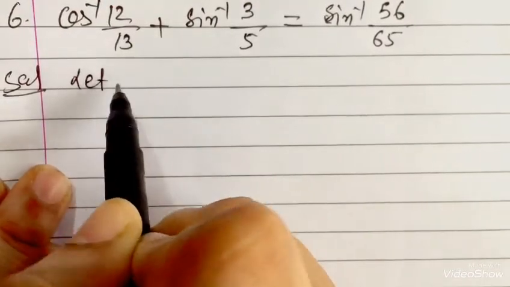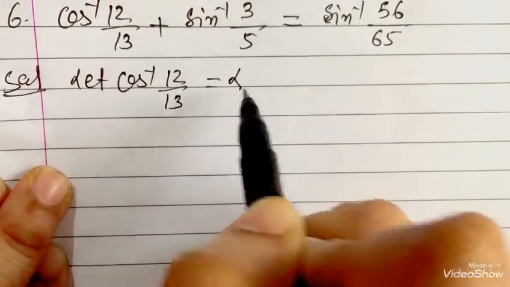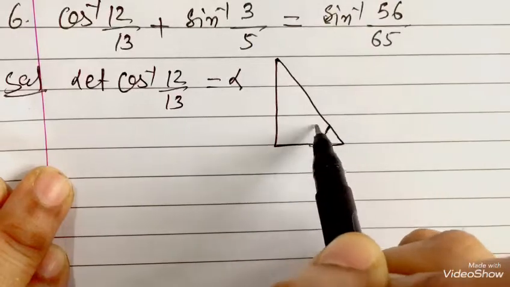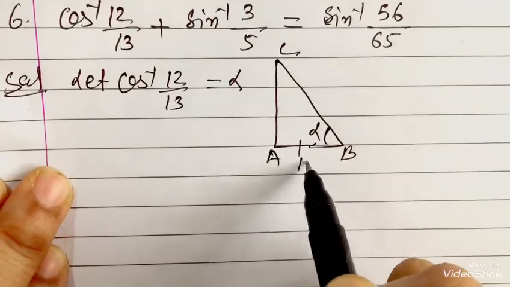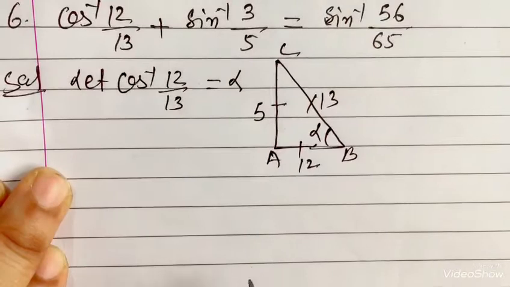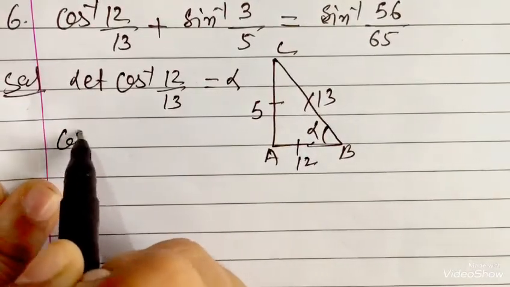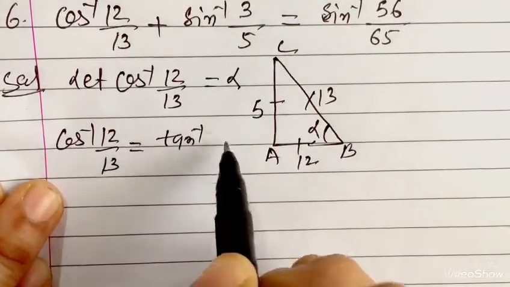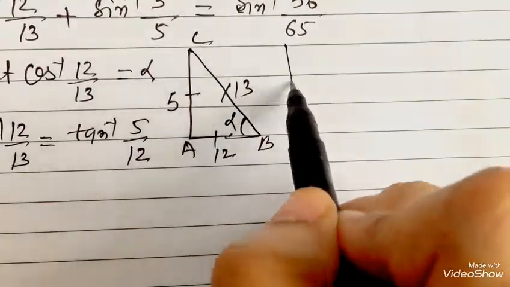So first let cos inverse 12 by 13 is equal to alpha, and by triangle method you can apply the formula also. It is 12 and it's 13. By Pythagoras we will find it's 5. So cos inverse 12 by 13 would be equal to tan inverse 5 by 12. And same for next.